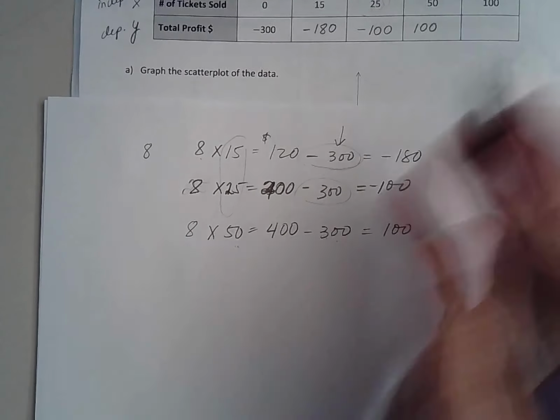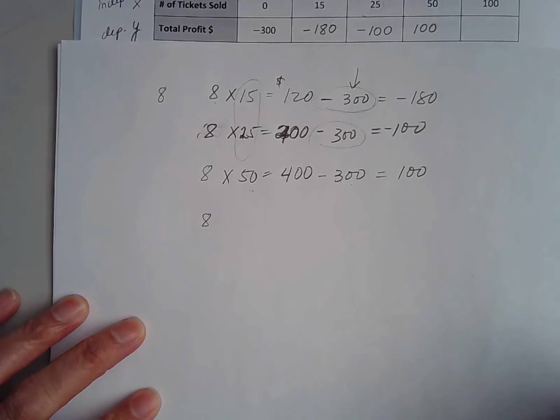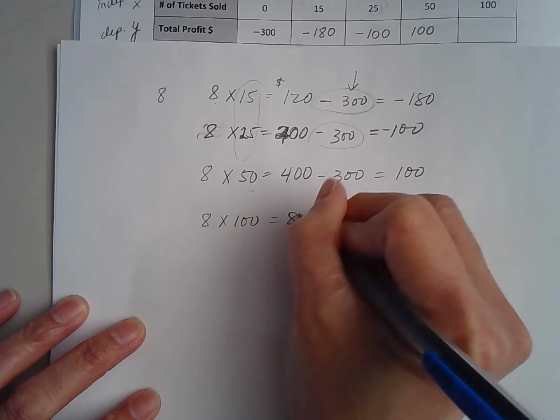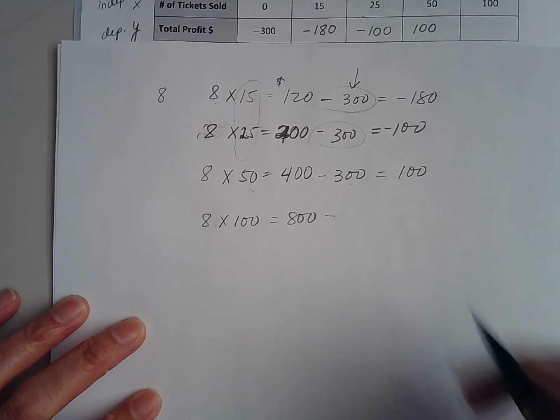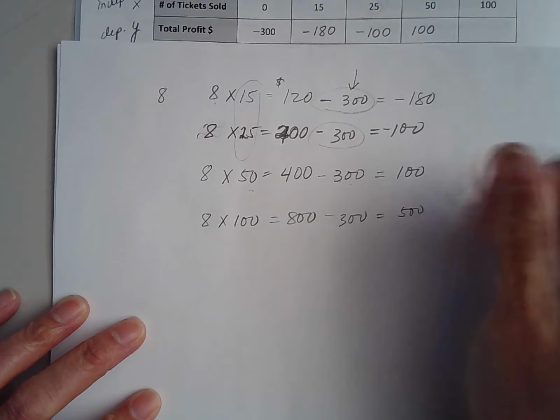So the last category, what if we sell 100 tickets? So $8 a ticket times 100. That's going to give us $800. But then we pay for the $300. So it's going to be 500.